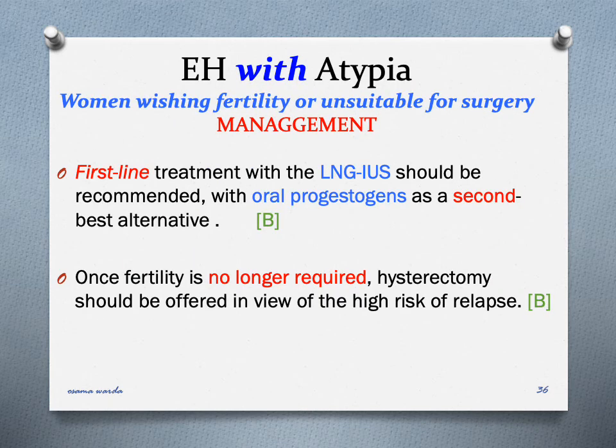First line treatment for these women is with the levonorgestrel intrauterine system, with oral progestogen as the second best alternative. Once fertility is no longer required, hysterectomy should be offered in view of the high risk of progression because there is atypia.